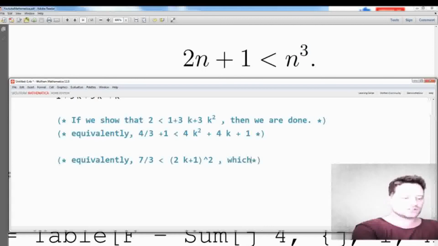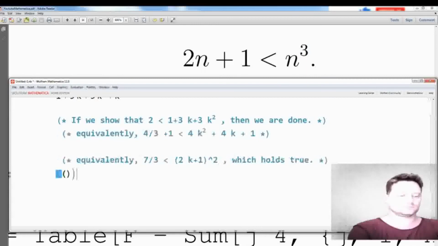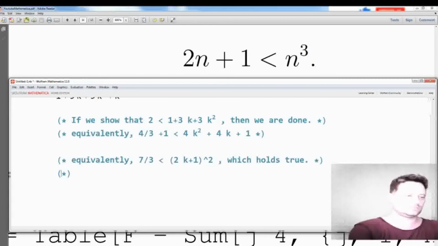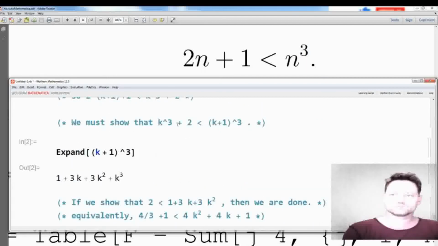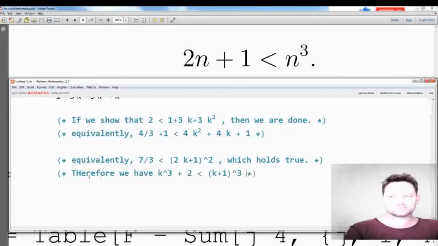So we'll say which holds true. Okay, therefore, we have this statement for all k greater than 0.